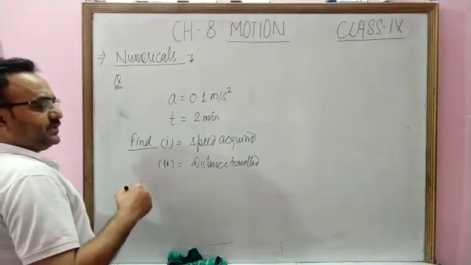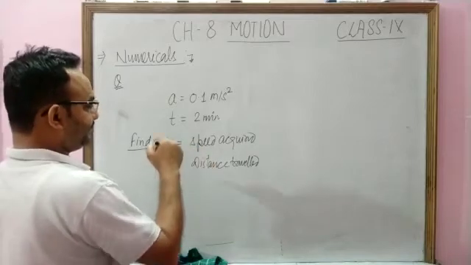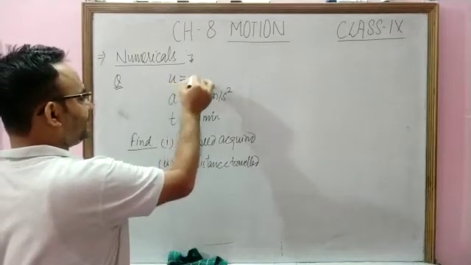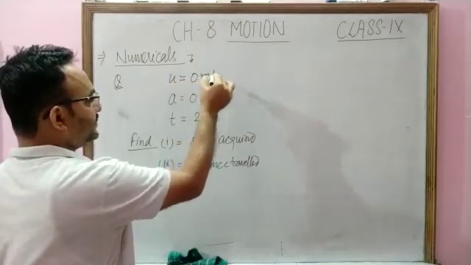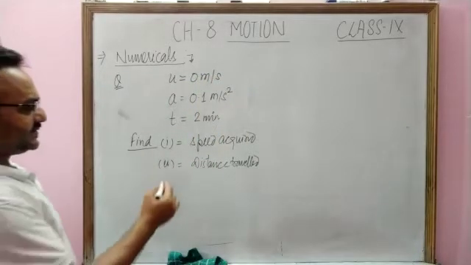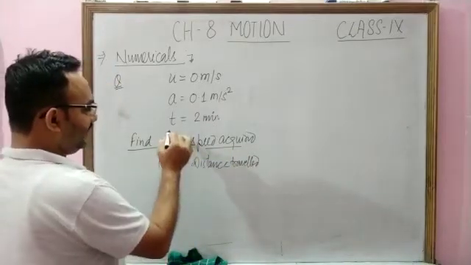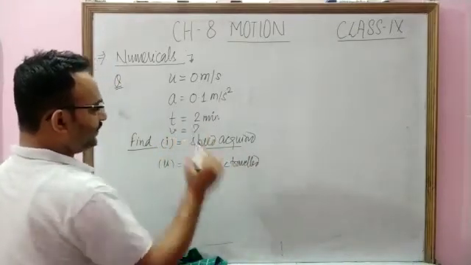As per the situation they have given here, a bus starting from rest means initial velocity is equal to 0 meter per second. In the first condition, you have to find the speed acquired, the final velocity.